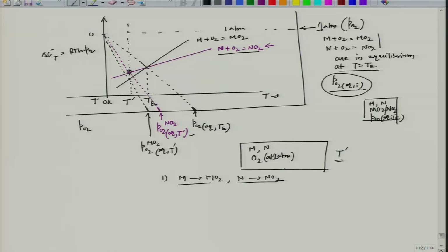But this particular reaction has got much lower, since second event, MO2 not reaching PO2 MO2.